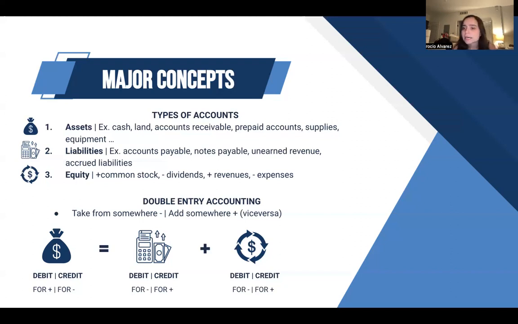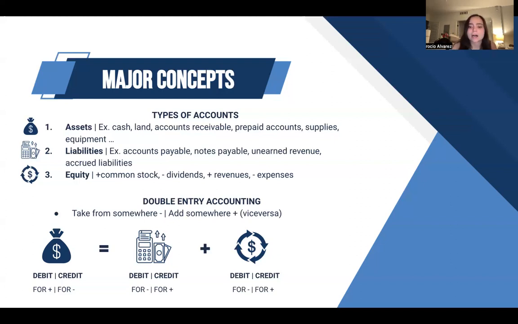So using the T account and double entry accounting method, where you track where you are taking from and adding to, as well as where you are adding to and then taking from, this allows you to have a better understanding of not only the accounting equation itself, but your finances overall. And it would also enable you to have balanced books. Because again, if you take from somewhere, you must be adding somewhere else, and vice versa.